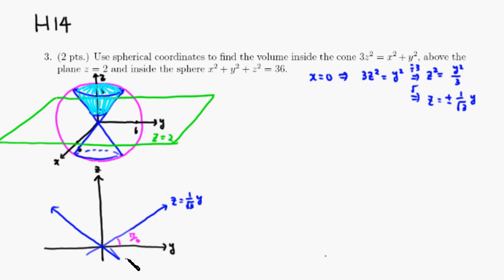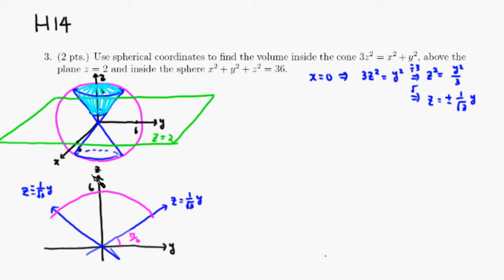This is z equals negative 1 over square root of 3 y. Then you have the circle with radius 6, so it's going to look kind of like this, going through 6.